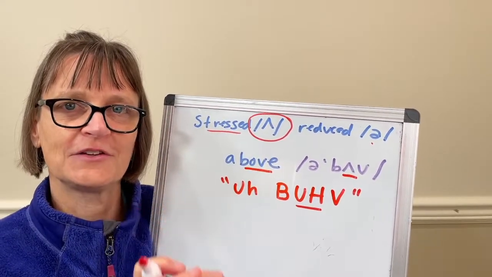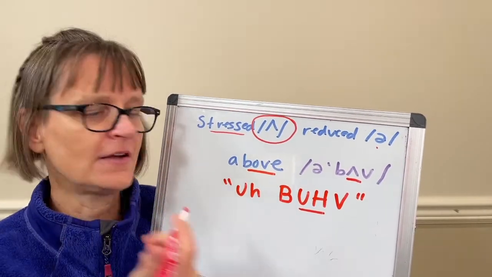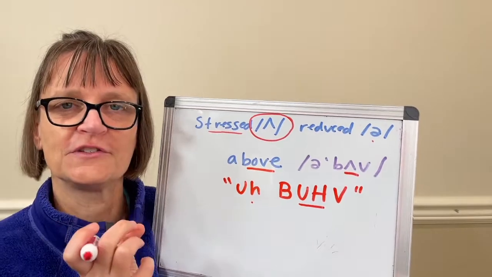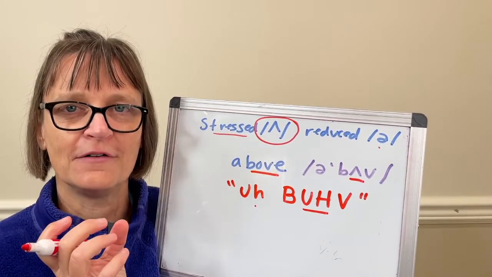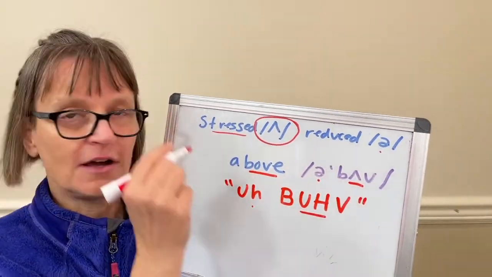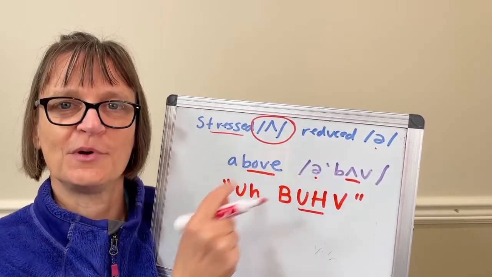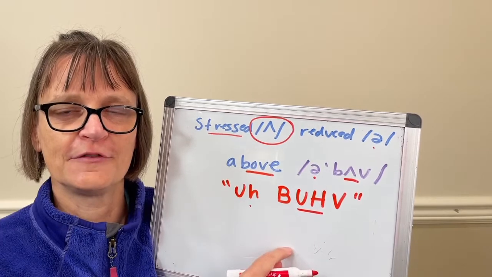I have the clear stressed schwa. And when we say above, you can hear how I do say uh in the first syllable, but I don't give it much time or much clarity. Above. It's very short and very reduced. So therefore it has the upside down E, schwa symbol, for the reduced or unstressed schwa, above.